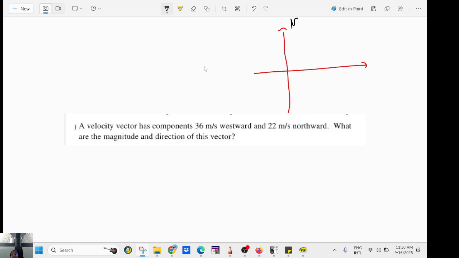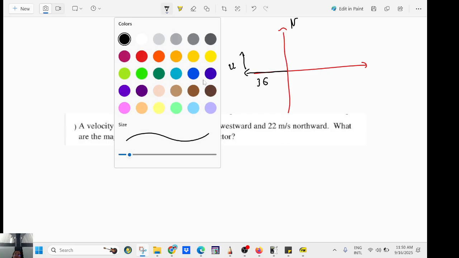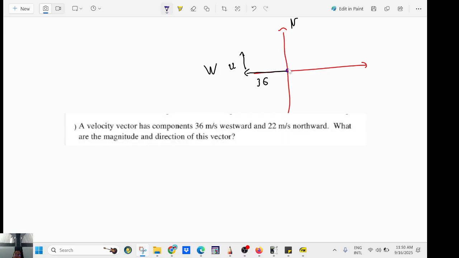So this is north and this is west. 36 west. Boom. And then it says 22 north. Boom. 22. Okay, so this is the x component, y component. And the vector has a tail that wants to be attached here, otherwise it flies away.